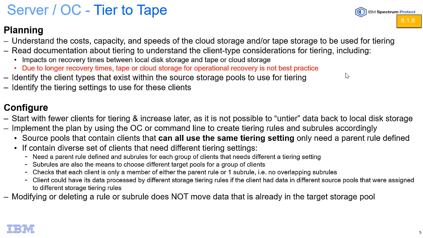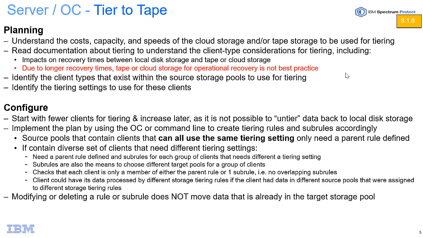Okay, let's go ahead and dig into some details here. So first of all, when you're planning to tier out to tape, you need to understand the cost, the capacity, and the speeds of either the cloud storage you're tiering to or the tape storage that you want to involve. And this is really critical when we start thinking about if you have to do a recovery, a disaster recovery from either tape or cloud, will it meet your service level agreements?